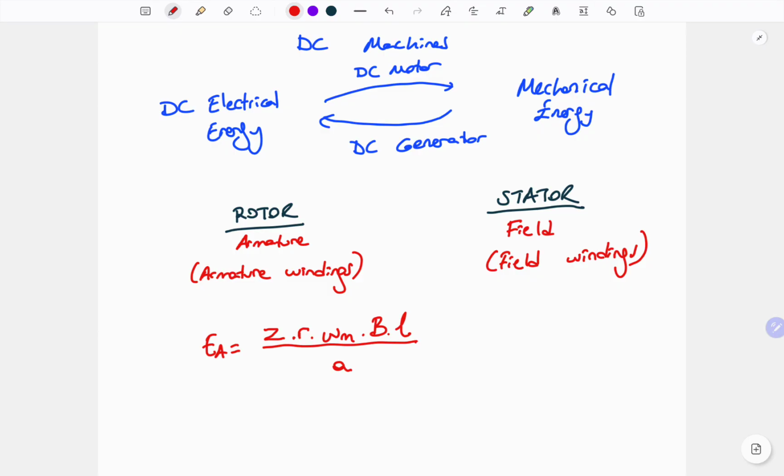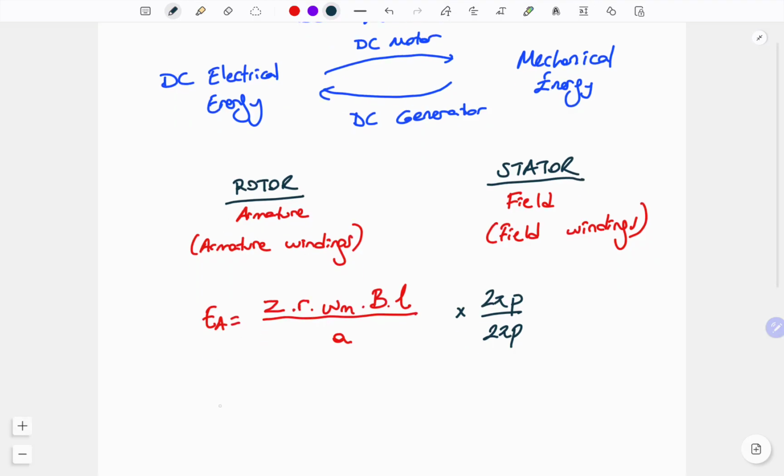So we can modify this expression, the induced voltage, to create an analogy between the flux and the induced voltage. When you divide and multiply by 2 pi P, where P again represents the pole number of the machine, EA can be rewritten as follows. First, let's combine some of the constants.